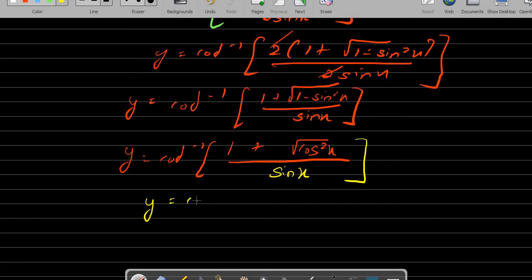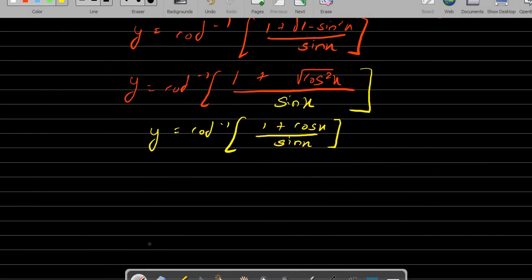Y is equal to cot inverse. Now 1 plus under root cos square x would become 1 plus cos x, cancel with the root, pretty basic, over sin x. Now this is a very important step. What you can do is convert this by using the half angle formulas that you did in 11th, right? Cot inverse 1 plus cos x, we can write it as 2 cos square x by 2 minus 1.